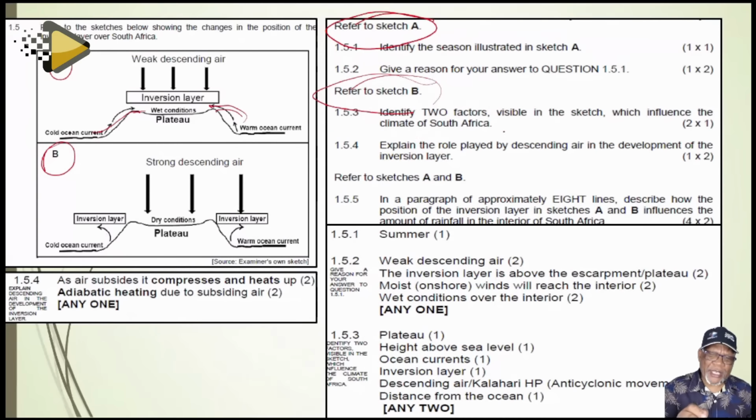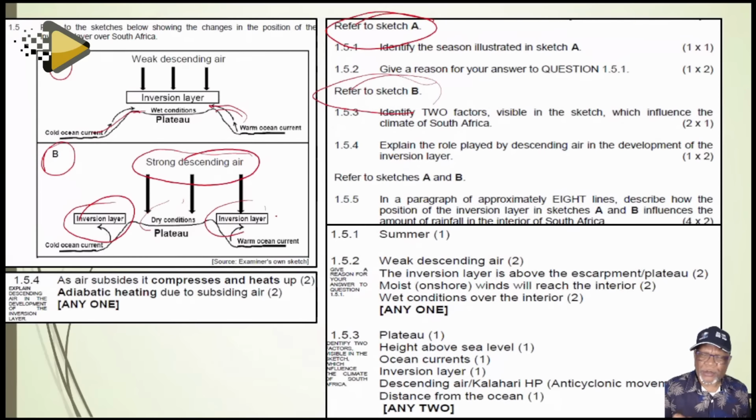What can you see here? This is number one. You can see weak descending air in sketch B. Identify two factors. You can see there is the plateau.